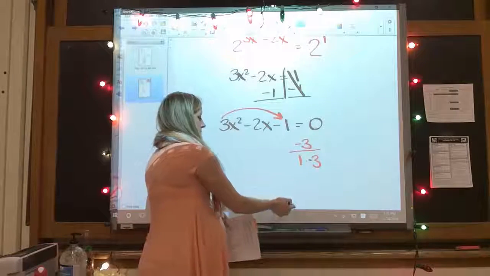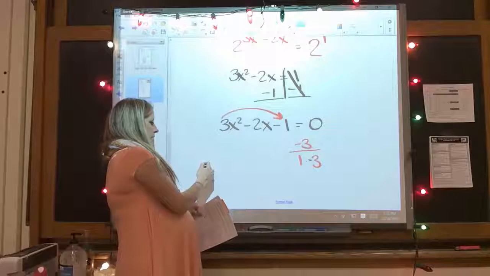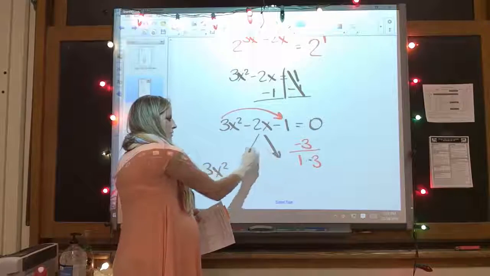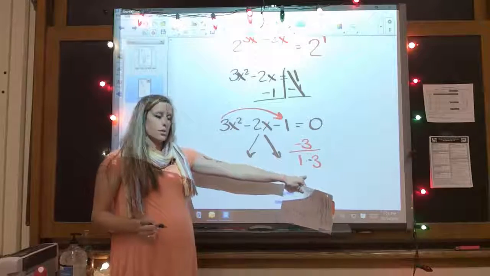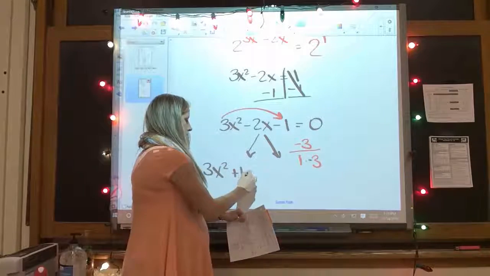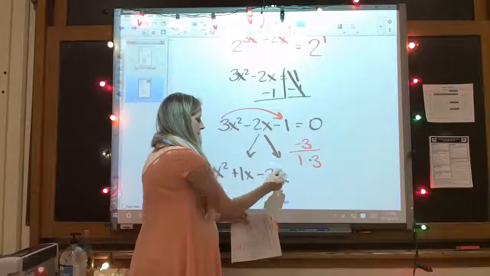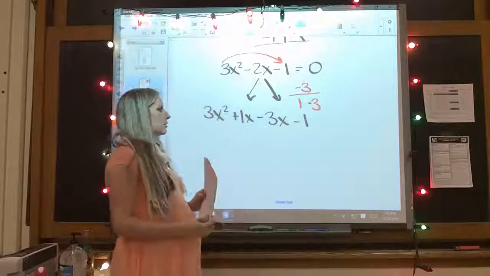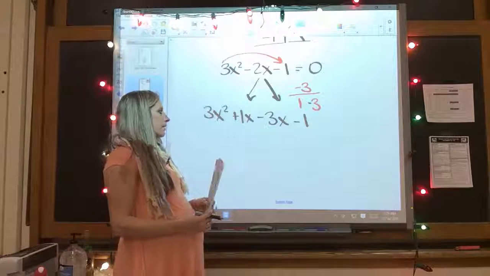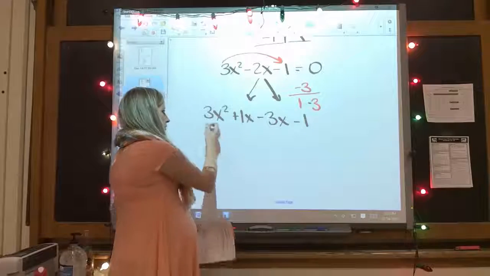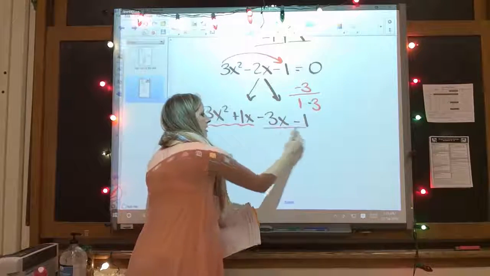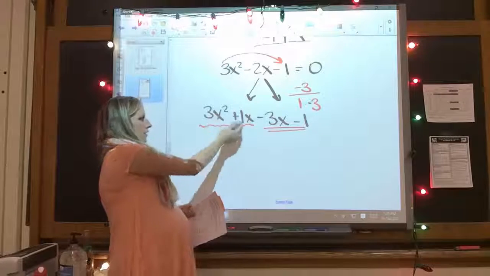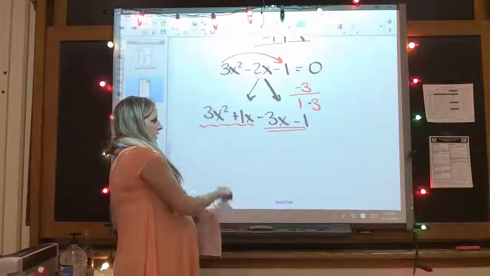Okay. So I'm going to bring down my 3x squared, and I'm going to split up my middle term into what I just figured out. Okay, 1x and negative 3x. And then my last term will just come down. Okay, now we're going to group the first two together and the last two together and see if they have anything in common. So the first two, they have an x in common.